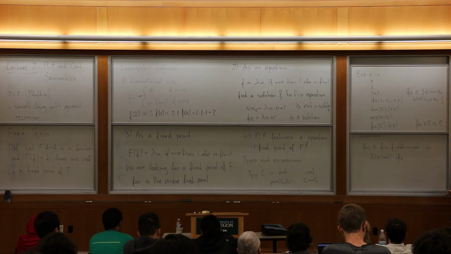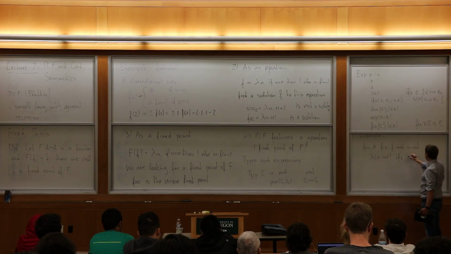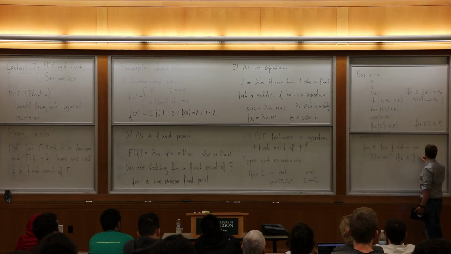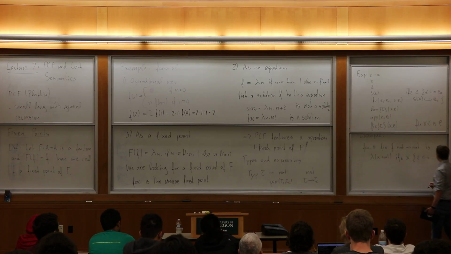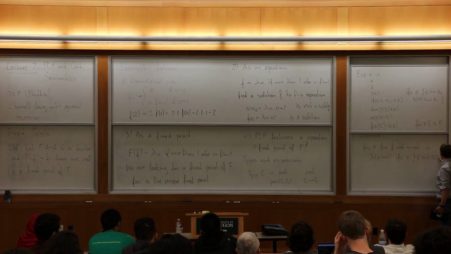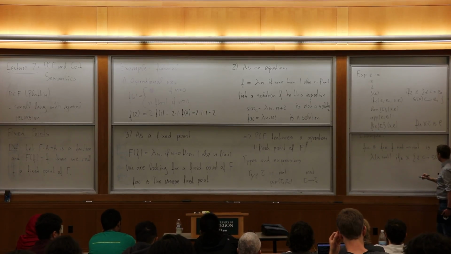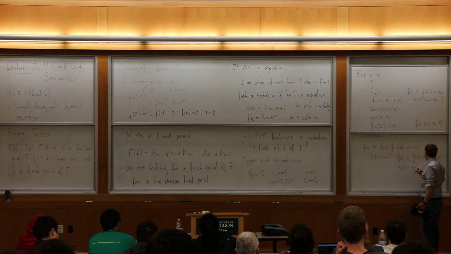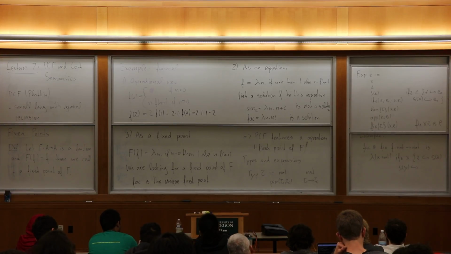So then here we want to branch on X, and if it's 0, well then we want to return what? 1, I think. So that's this. And if it's the successor of, well, I have to use Y now, then we want to do what?